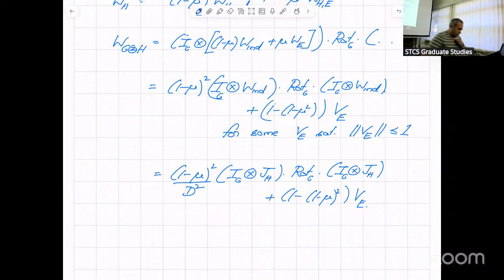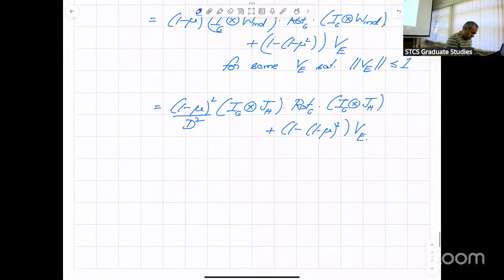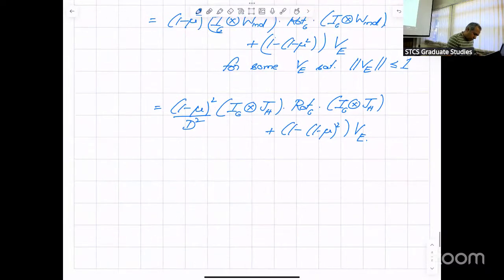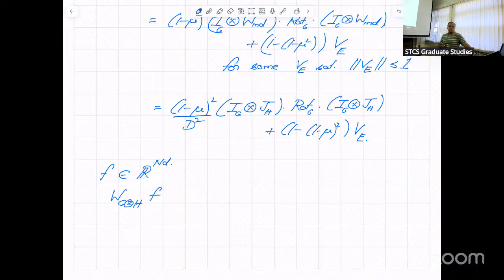So what I'm going to claim now, I want to do one step. Let's take an F that lies in R to the D and see how W G Z H behaves on F. This is the same as how 1 minus mu square I G tensor G behaves.